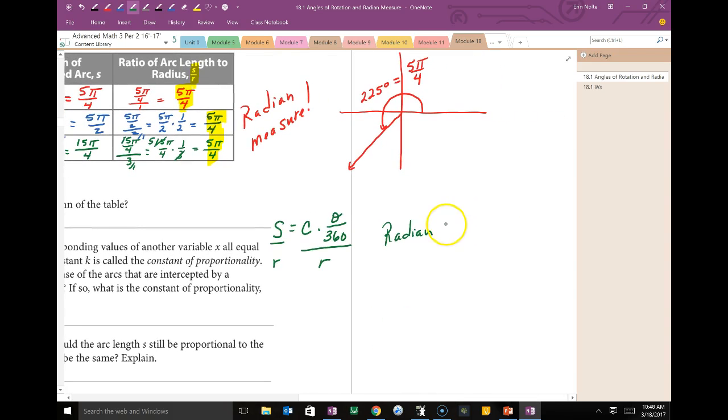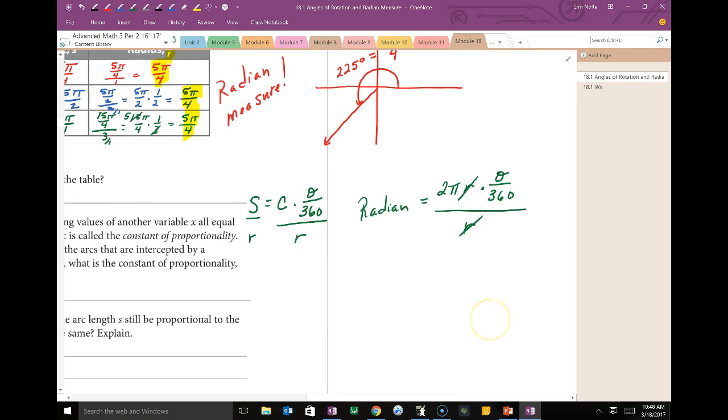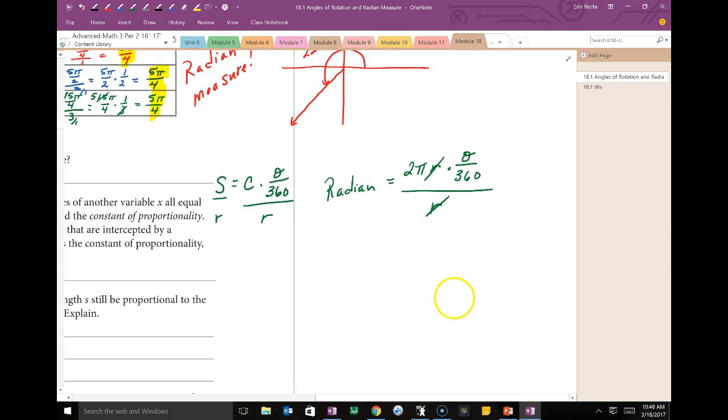So circumference is 2 pi times r times the degree angle divided by 360, all being divided by the radius. So if we reduce this, the radiuses cancel, which means it doesn't matter how big the radius is ever.